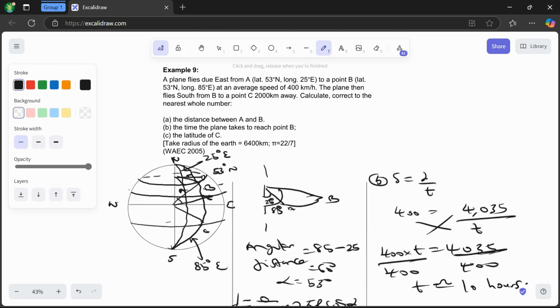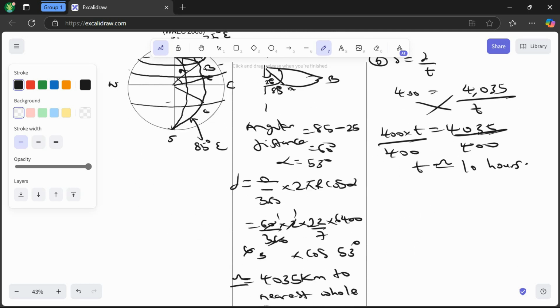So let's see the latitude of C. Let me draw the two cases. It could be something like this, and this is the x-axis.